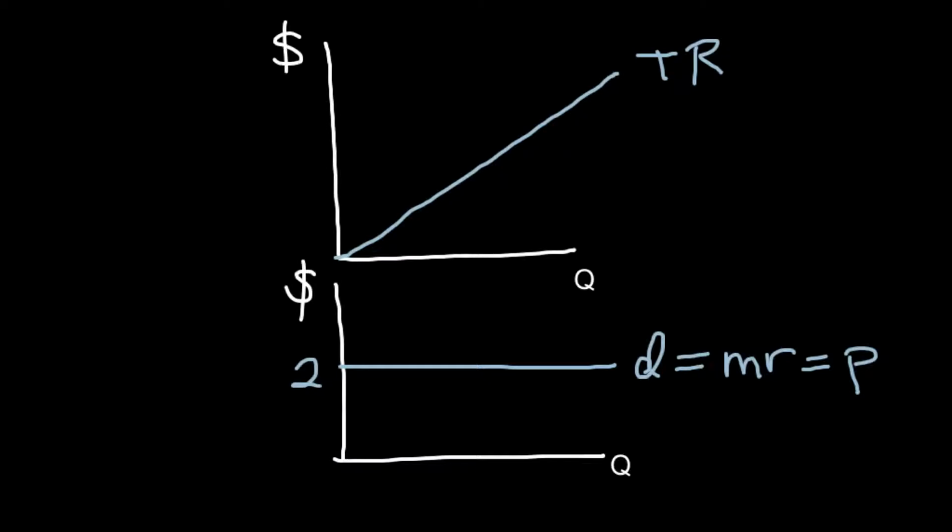And the slope of your total revenue is $2. Sell one unit, go up $2. Sell a unit, go up $2. Sell a unit, go up $2. And so the slope of the total revenue curve is exactly $2. It's a straight, constant slope curve, because the slope of the total revenue is the marginal revenue curve.